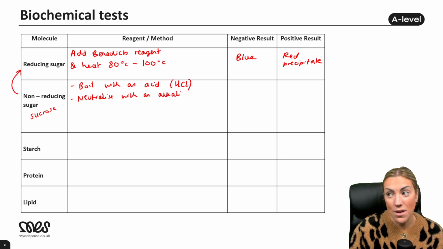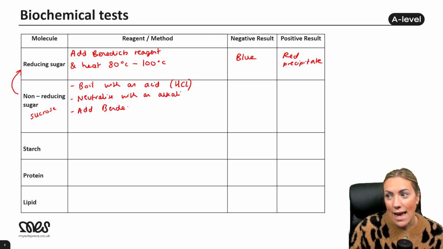But you don't have to. You can just say boil with an acid and then neutralize with an alkali. Then, once you've neutralized it, you can add the Benedict's reagent, and again, you would have to heat it.